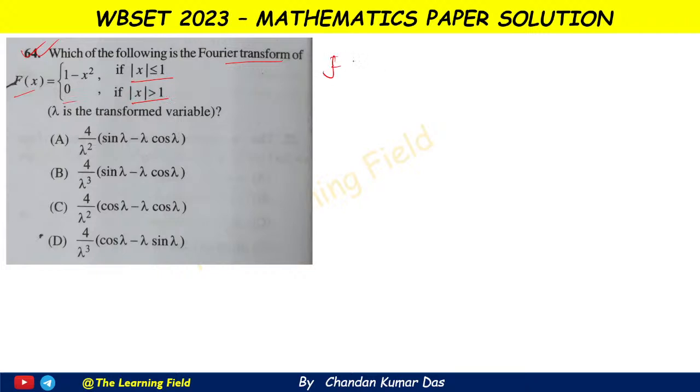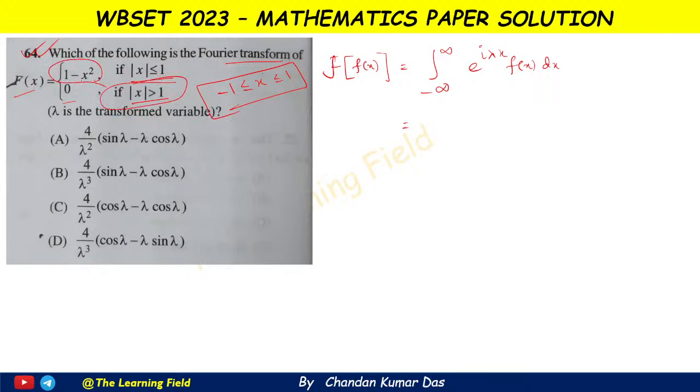So the Fourier transform of any function f(x) is equal to the integration from minus infinity to infinity of e to the power iota lambda x into f(x) dx. See one thing, this function is defined in two intervals. One is minus 1 less than or equal to x less than or equal to 1. Only in this interval we have the value 1 minus x square, and in the remaining interval the value is 0.